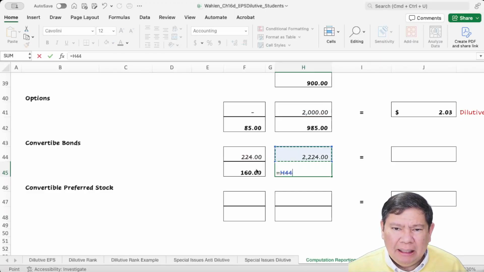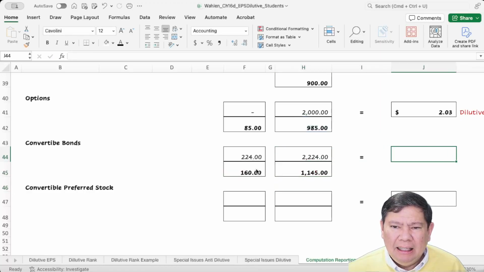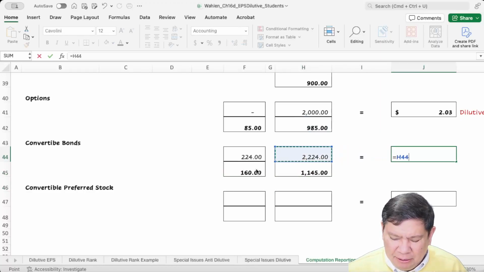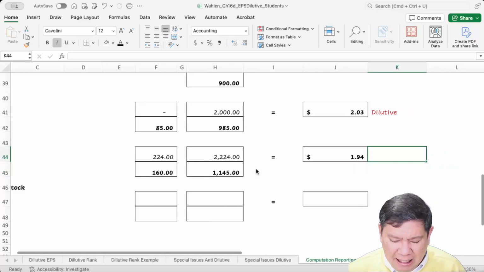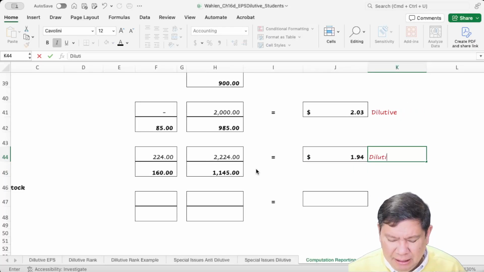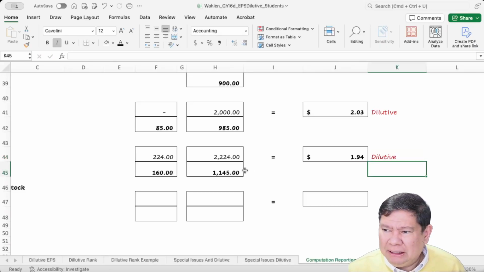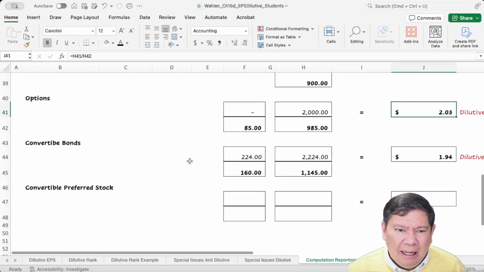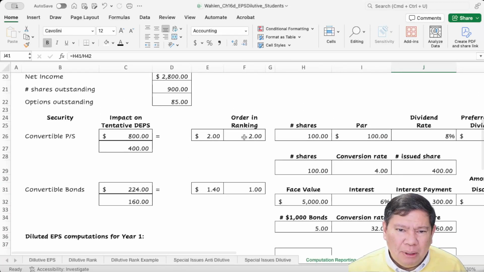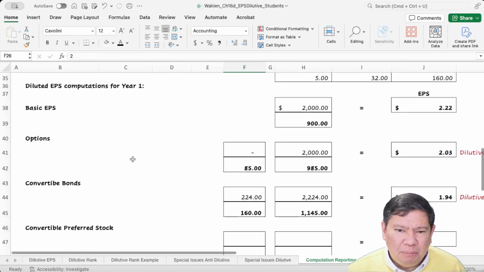The denominator becomes 985 plus 160. So the new earnings per share is going to be 1.94 if the convertible bonds are converted. That again is a dilutive earnings per share because it's less than 2.03.